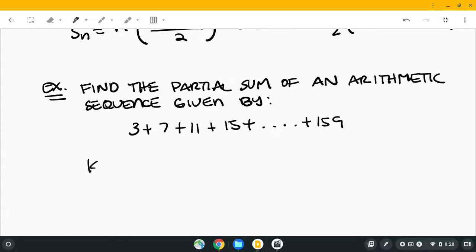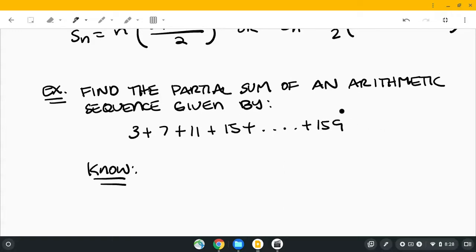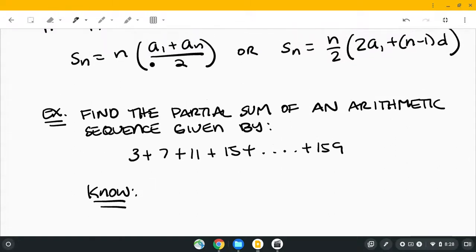Okay, so let's take a look at what we do know, and let's take a look at our formulas. In order to use our formulas, both of them need to know what nth term that is. Is that the 100th term? Because we need to plug in for n. We also need to know what a1 is. Okay, so that's good.